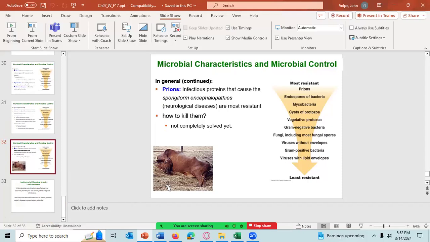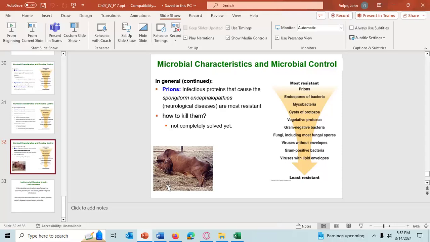Prions are infectious proteins that cause spongiform encephalopathy. They are the most resistant of the microbial agents. To kill a prion, you actually need to bring the temperature up to about 1,000 degrees Fahrenheit.